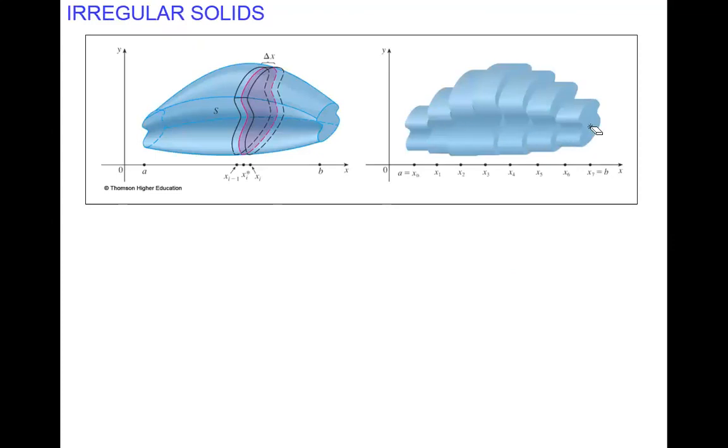The slices, of course, are too thick, but we know what to do. How many slices do I have? 1, 2, 3, 4, 5, 6, 7. That's not a good number. We need infinitely many of those. Then each single slice is a cylinder, I can add all of the volumes. Adding infinitely many terms is the integral.